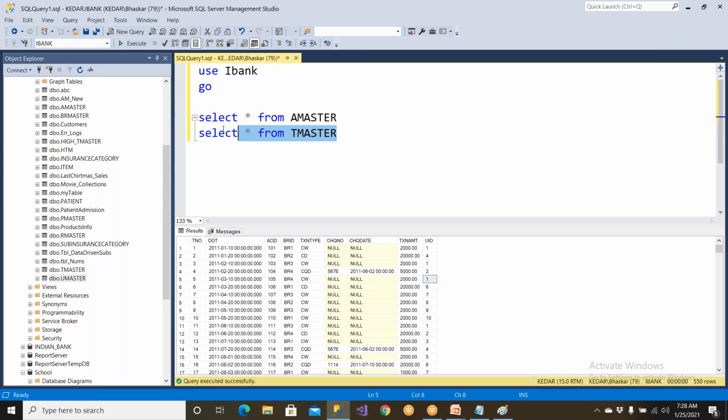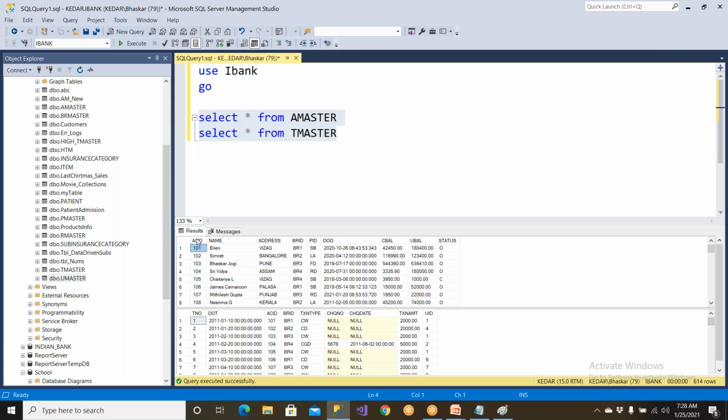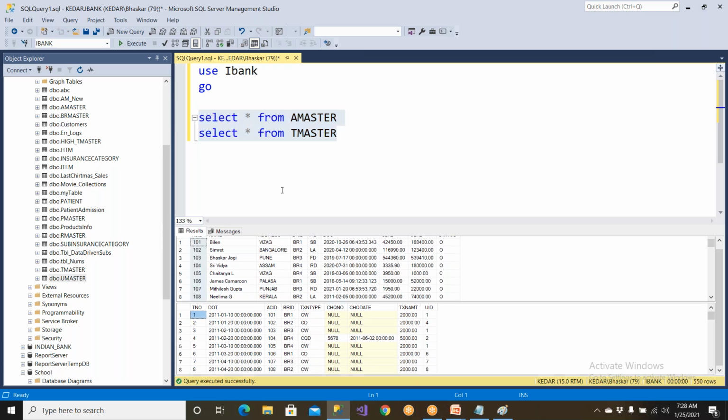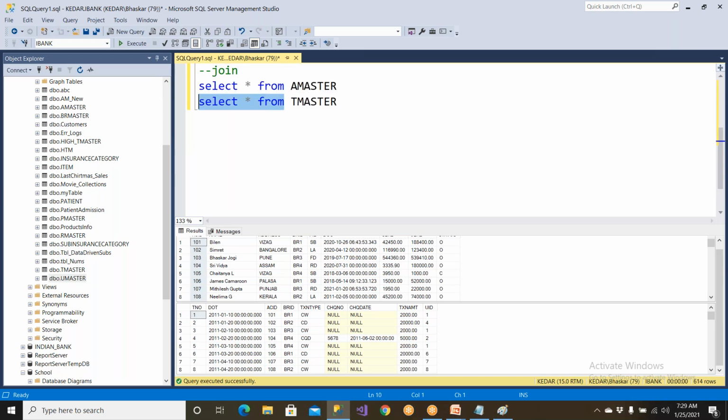So these are the tables I have. Can I join these two tables? Why not? There is a primary key and a foreign key, so definitely you should be able to join. To join, let me take these two tables, remove everything here, and say comma and this table.